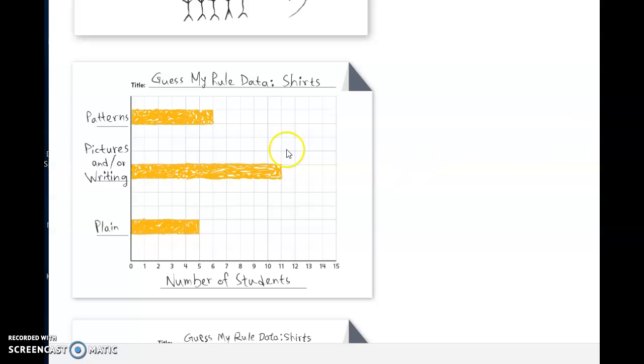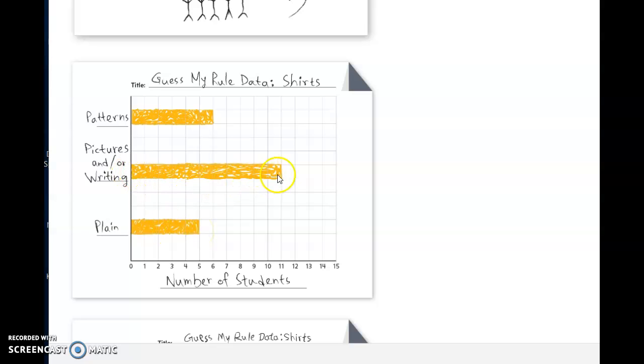One with patterns, or in this case stripes, one with pictures and writing, and one that was plain. If we look back at our data, we had 5 students wearing plain t-shirts. So that student has colored in the number of boxes, 1, 2, 3, 4, 5, that represents those plain t-shirts.